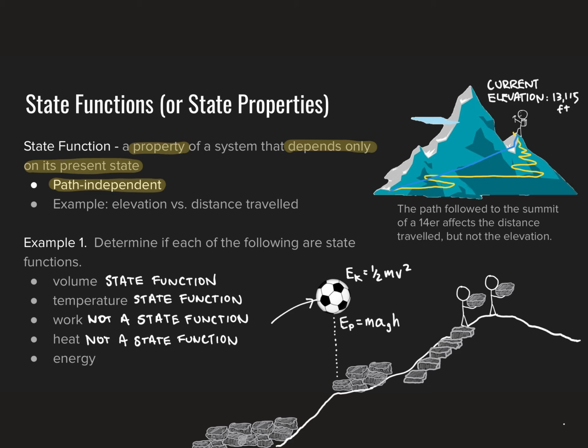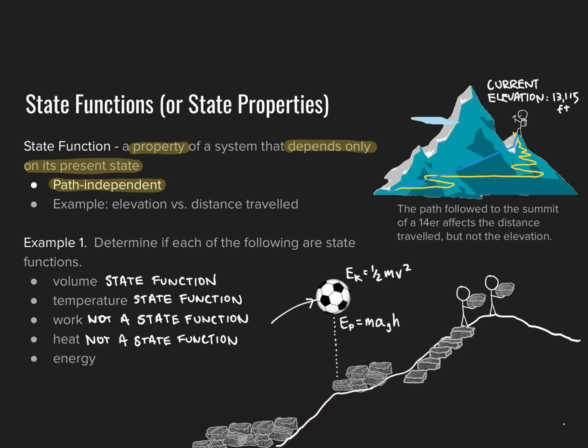But even though that soccer ball has both potential energy and kinetic energy, the total energy of that soccer ball, the sum of its kinetic and potential energy, is only dependent upon its current state. That is, you have no idea necessarily what had happened to that soccer ball beforehand. The energy you would measure is wholly dependent upon how fast it's traveling right now and how high above the ground it is right now.